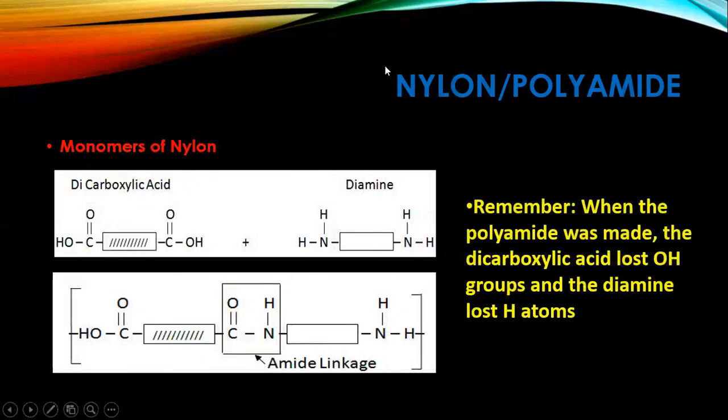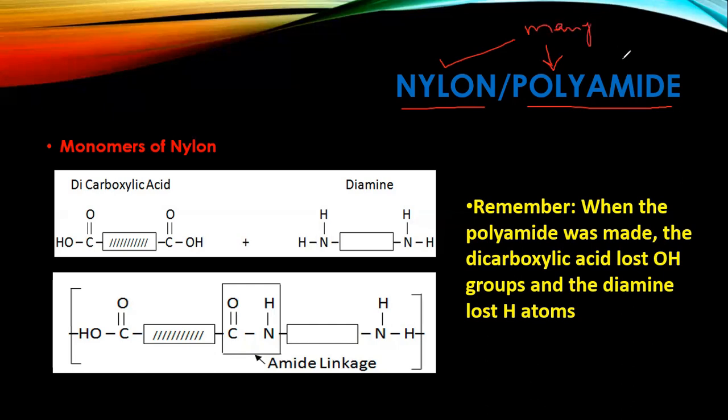Here we are with a few examples of the condensation polymers. A frequently asked example in past papers, nylon. It is a polyamide. Poly stands for many, right? And about amide, I told you in the introduction that the amide bond is this bond.